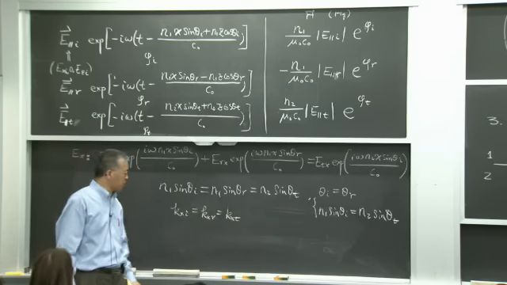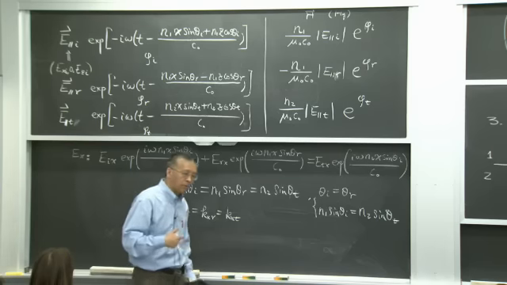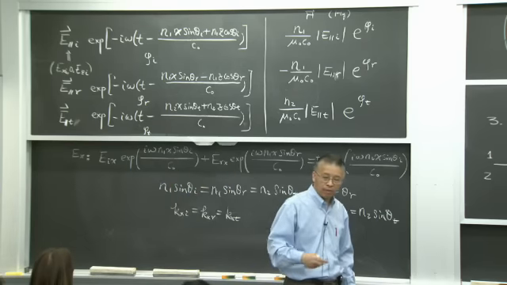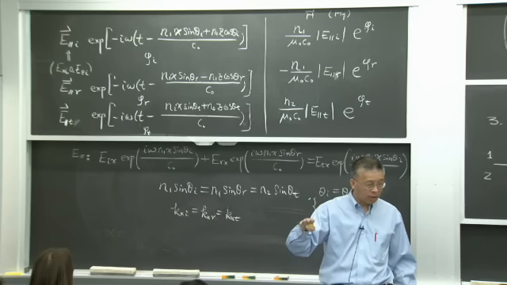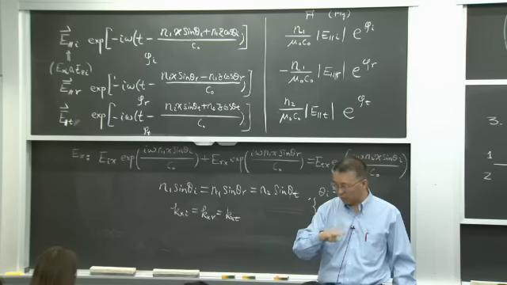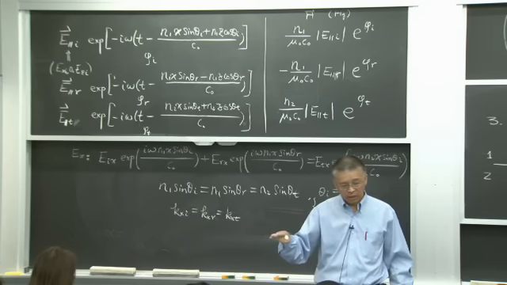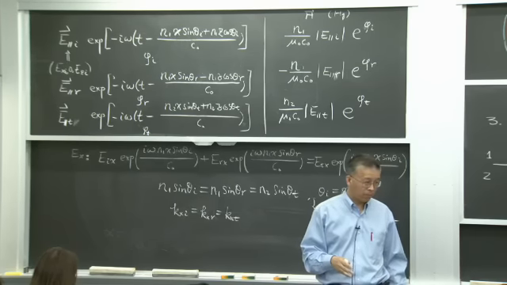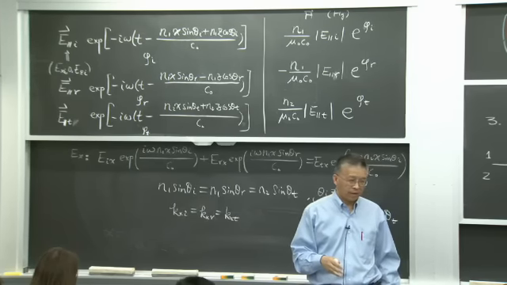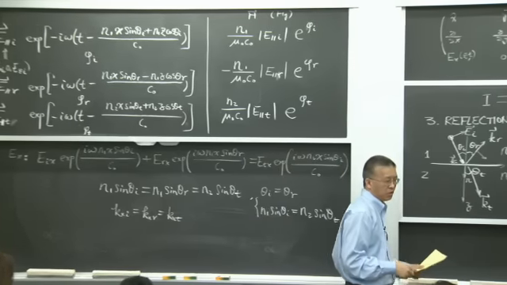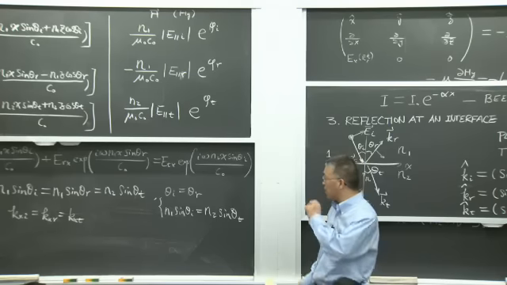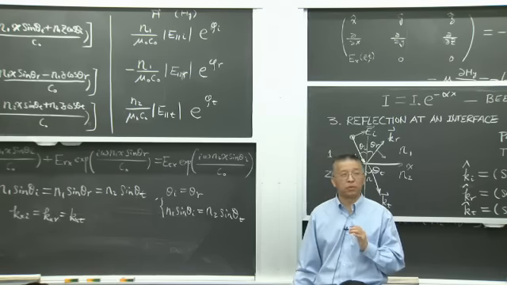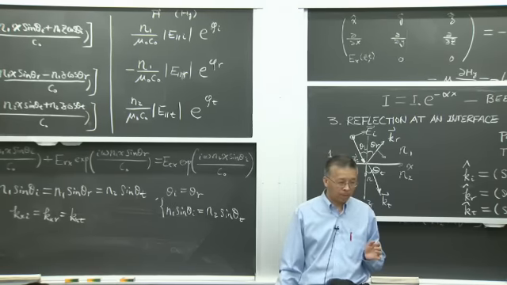And this is often called the lateral momentum conservation. The momentum component in the direction parallel to the interface is conserved for incident, reflected, and transmitted. So it turns out it depends on who you're talking to. People use a completely different term.